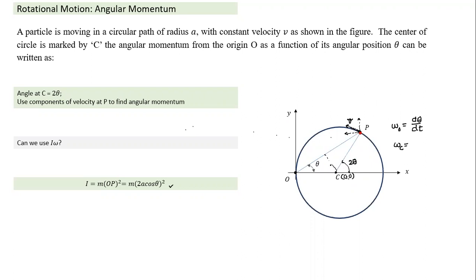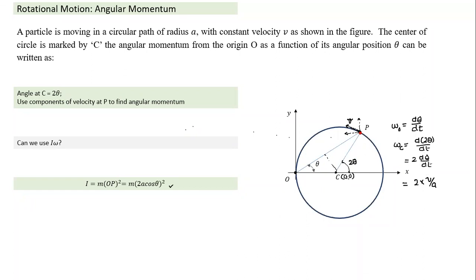If this angle is theta, the relationship is always that the angle at C will be twice this one, so the angular velocity about C is 2 d theta by dt. We know the angular velocity about point C.